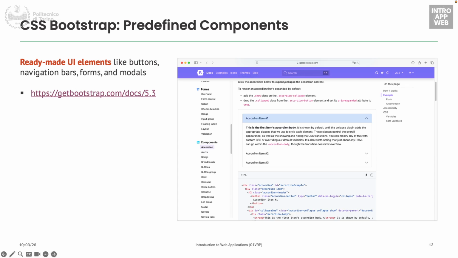Okay, most importantly, the Bootstrap website is getbootstrap.com. Okay, and this is the website. Okay, so the elements that I wanted to show you. In docs, it has all the documentation.